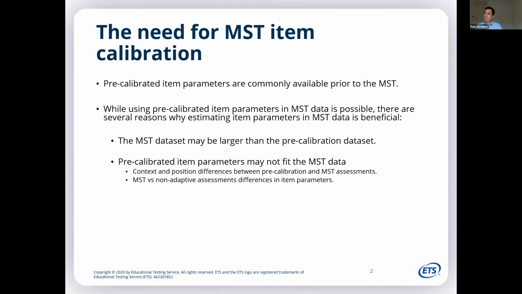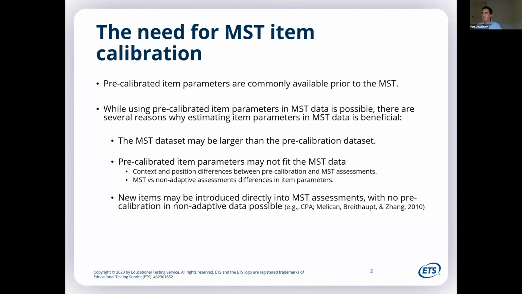Also, there could be differences in the true population item parameters between MST and non-adaptive administration of the same item. Thirdly, you could have new items introduced directly into the MST assessment after you've already transitioned to MST, and so you may not have the capacity to calibrate the items in non-adaptive data.